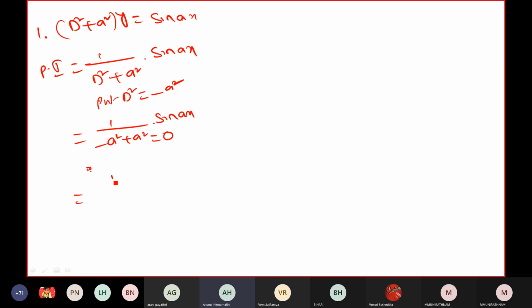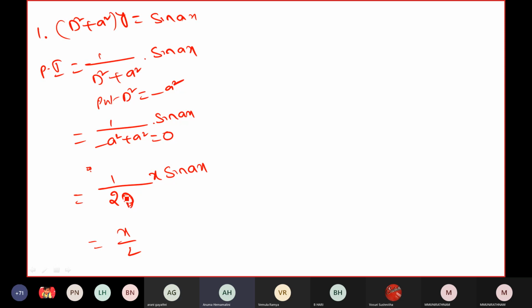డెరివేటివ్ చేయాలి, అవునా? Derivative of D square is 2D, derivative of a square is 0. Okay, replace sin ax by x sin ax. So this is x by 2, ని బయట రాస్తే 1 by D of sin ax.